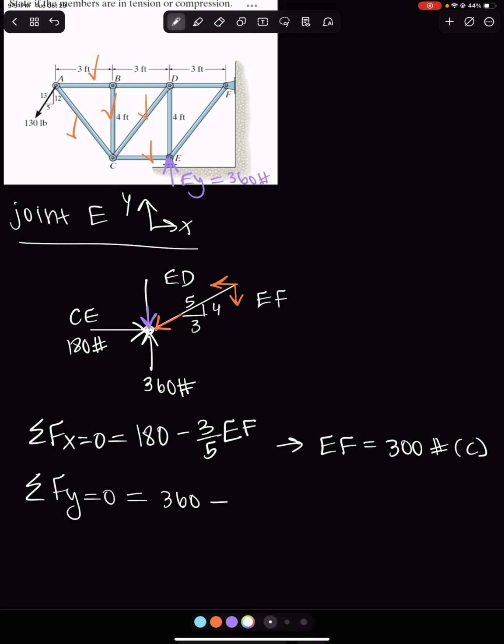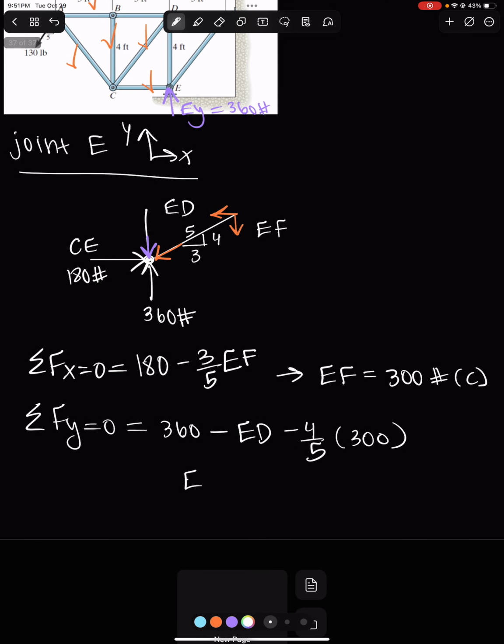Sorry, I don't like to draw my E's like that in math. Looks like a 3. Minus 4/5 EF, that's the y component of the force EF. And we just found that EF is 300, remember? So let's plug that in. That lets you solve for ED, which is equal to 120 pounds. And it's a compressive force, it's pushing on the joint.